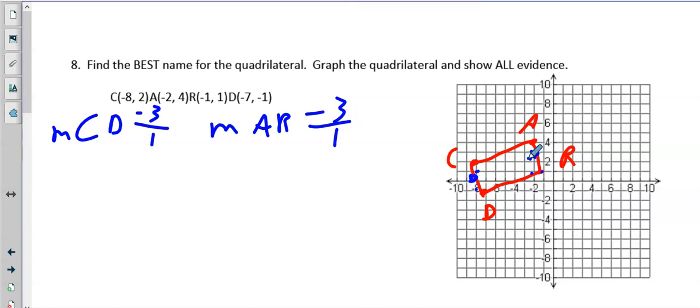We just proved that. Now we're going to do the slope of CA. From C to A, we're going to go up 1, up 2. Up is positive, and then right 1, 2, 3, 4, 5, 6, which reduces to 1 over 3.